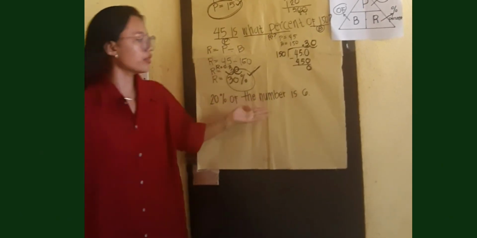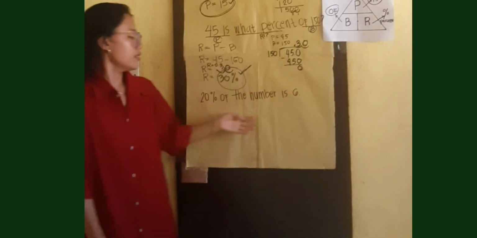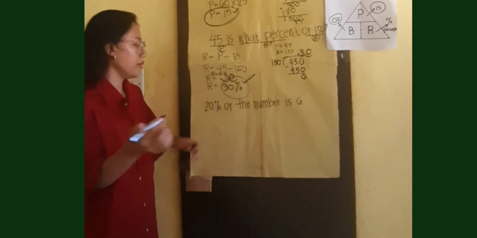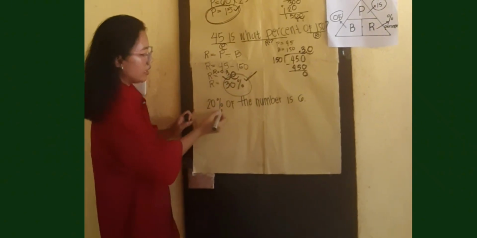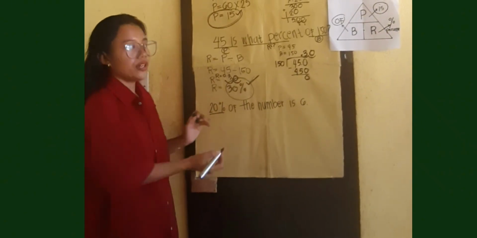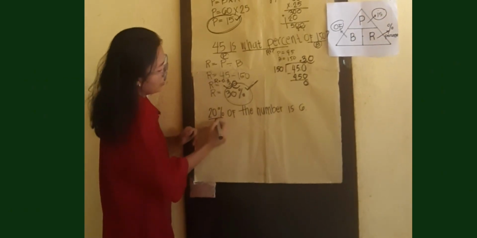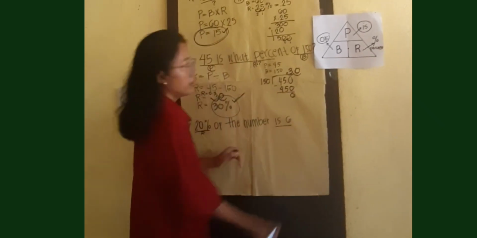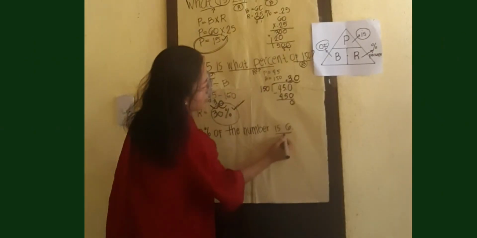20% of the number is 6. So, what is the missing term? So, ato siyang ikuan, paitawon kung asang missing term ha. So, 20% stands for our rate. Very good. And 6 stands for our percentage.